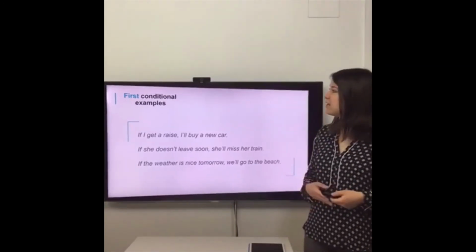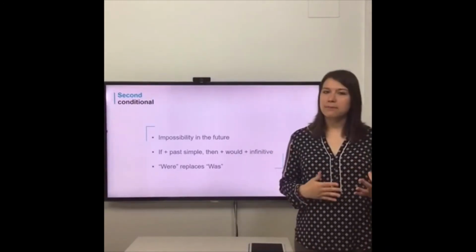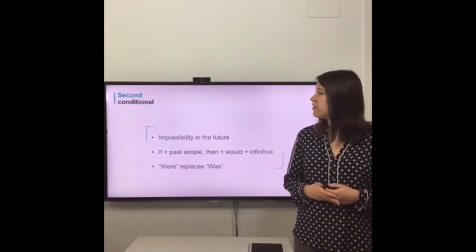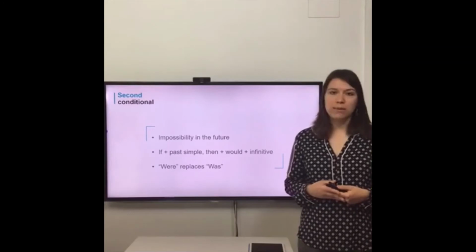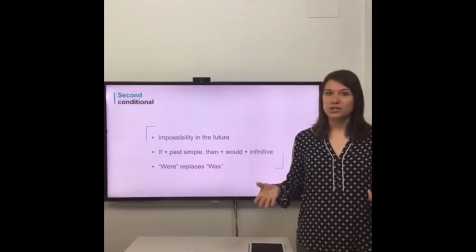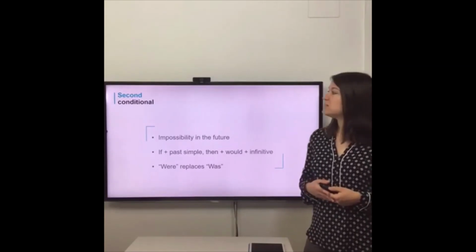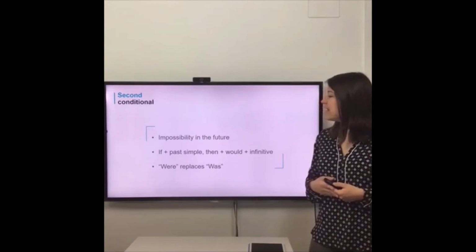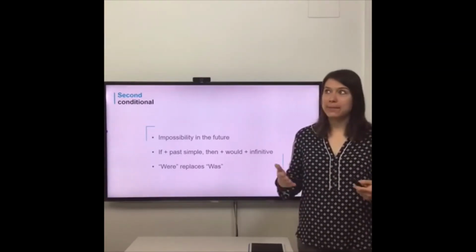Okay, now let's look at the second conditional. These get a little bit more complicated as we go. Don't worry if you don't understand everything. Just listen, take notes if you want, and remember that you can watch the video again when we're finished with the live streaming. The second conditional we use to talk about impossibility in the future, something that cannot happen.